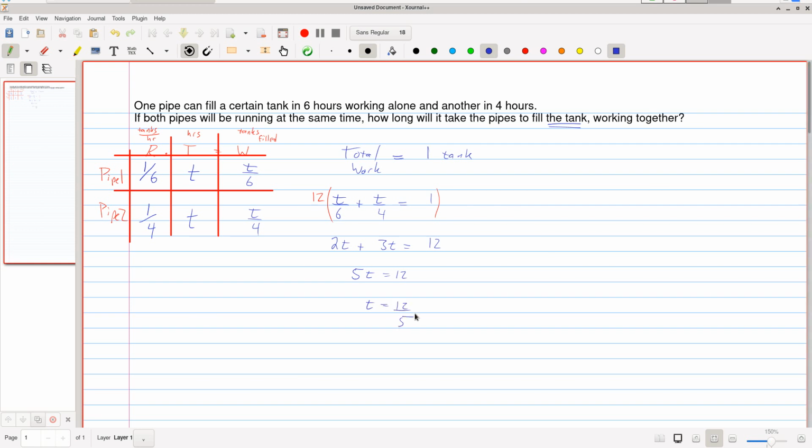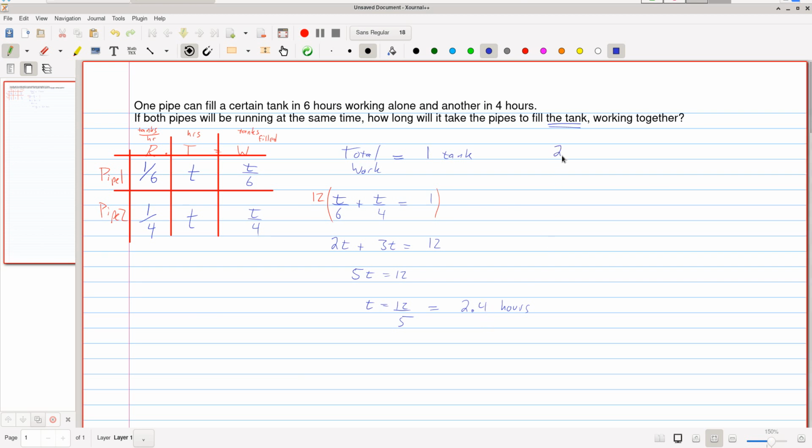Now, most people don't think in terms of fifths of an hour, so it may be convenient to rewrite this as a decimal first. So this is 2.4 hours. So this is maybe a little bit easier to understand for a regular person. The problem is most people don't think in terms of decimal hours.